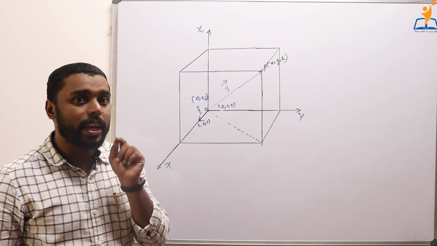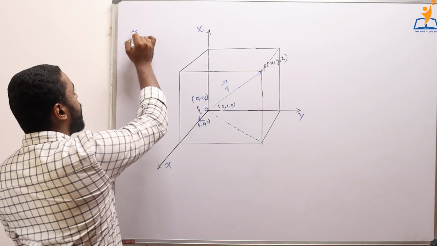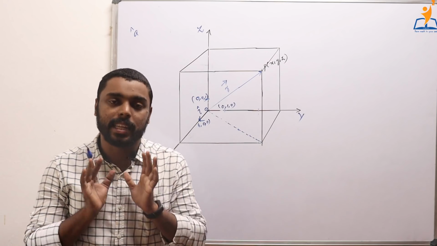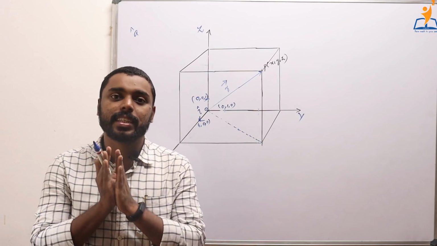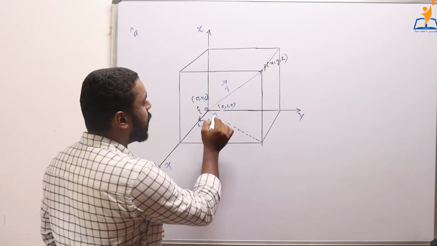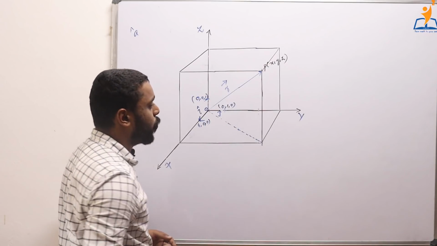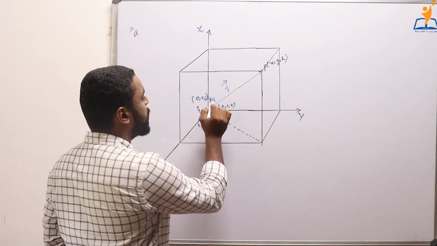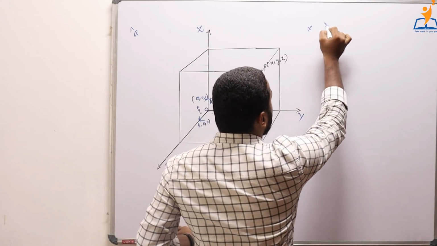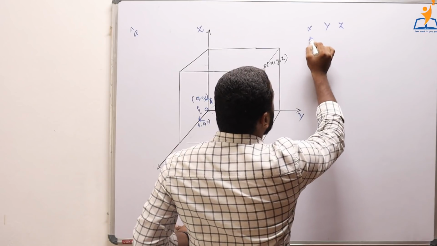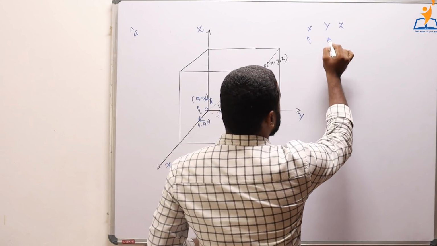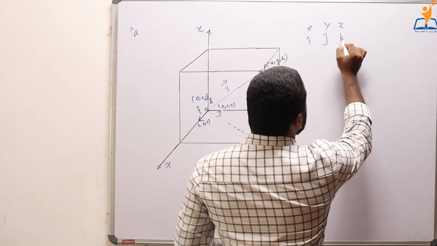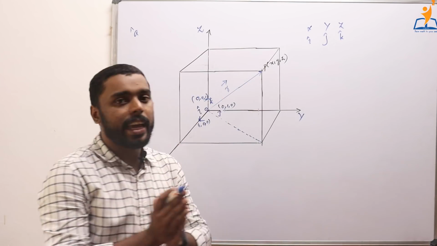Note that we denote any unit vector with a cap. So always remember that i cap is the unit vector in the direction of the x-axis. Similarly, the unit vector in the direction of the y-axis is j cap, and the unit vector in the direction of the z-axis is k cap. So the unit vector in the direction of the x-axis is i cap, in the direction of the y-axis is j cap, and in the direction of the z-axis is k cap.